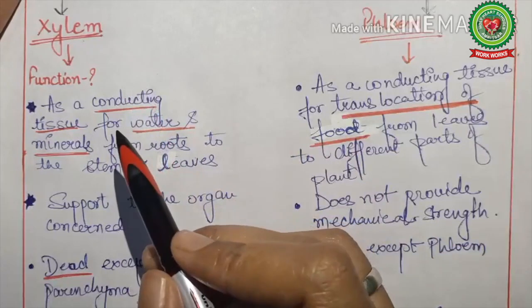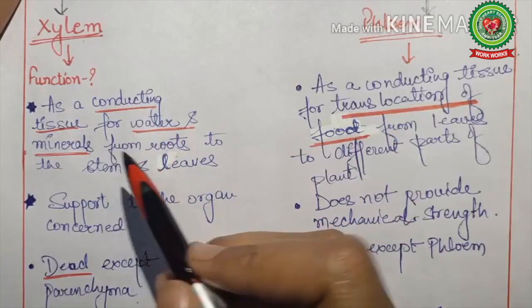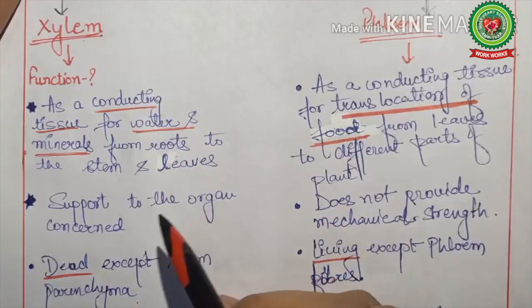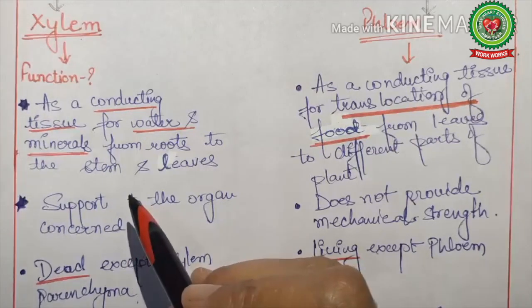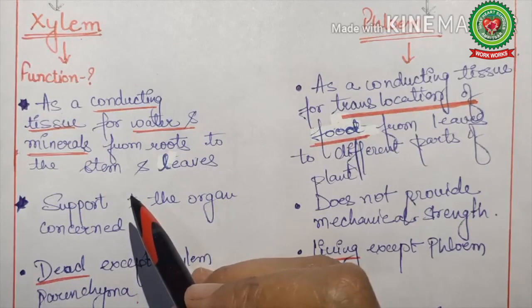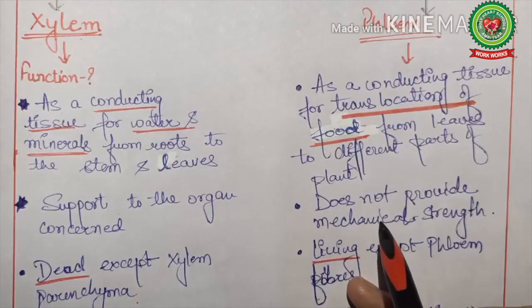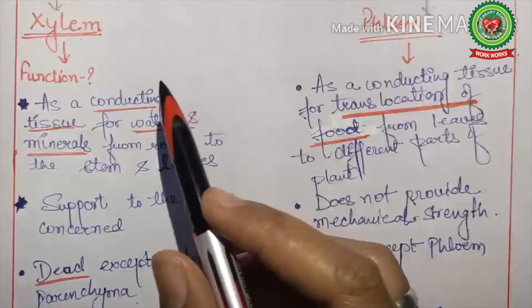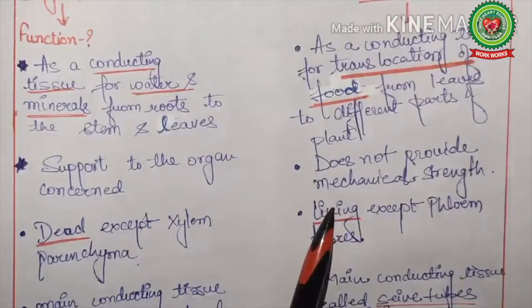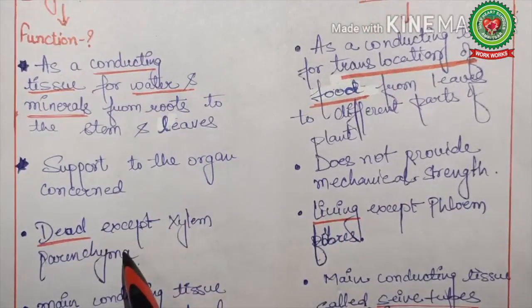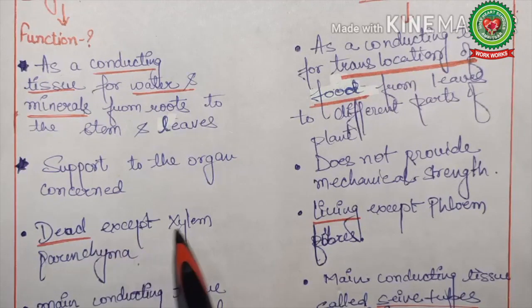Xylem, along with the conduction of water and minerals, also supports the organs of the plant. That is, it also provides mechanical strength to the plant, whereas phloem does not provide mechanical strength. Xylem is actually a dead tissue except xylem parenchyma. It includes 4 types of cells, out of which 3 are dead and only 1 is living, that is xylem parenchyma.